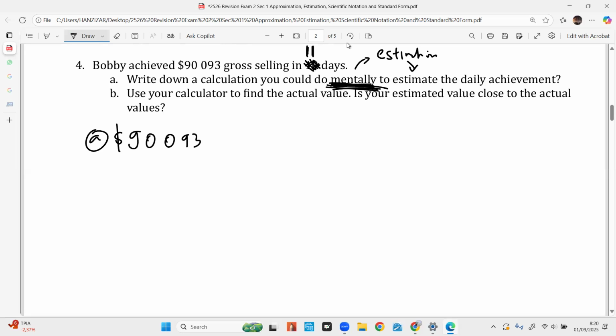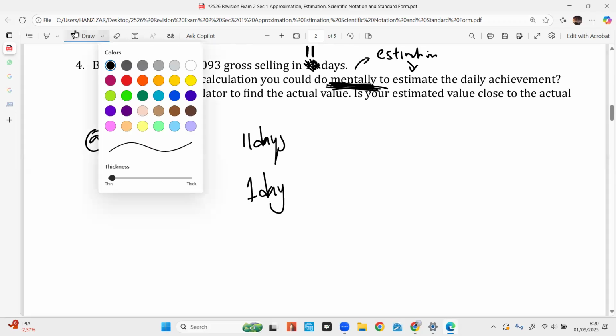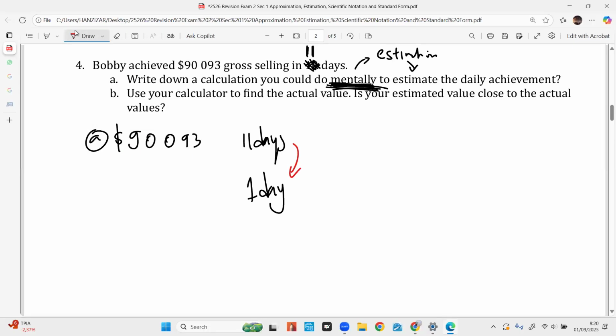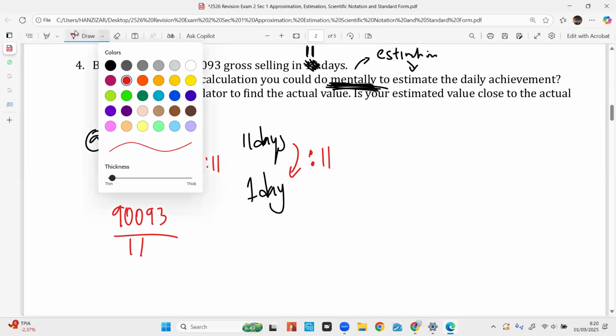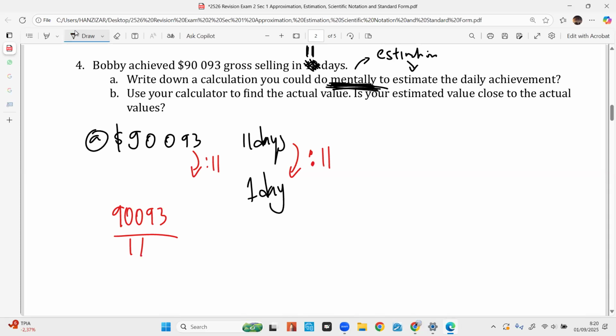So if $90,093 in 11 days, the question for A is asking you for the daily achievement, 1 day, right? How many dollars they will achieve. So the simple idea is just to divide by 11, right? But you need to do it mentally. You cannot do it using this way. It's too time-wasting.